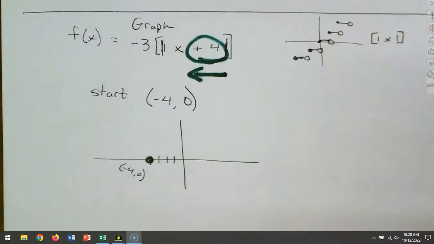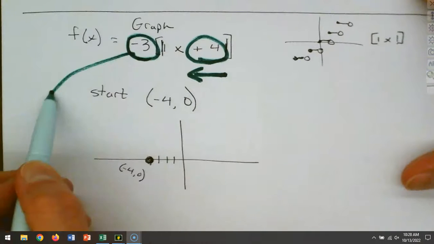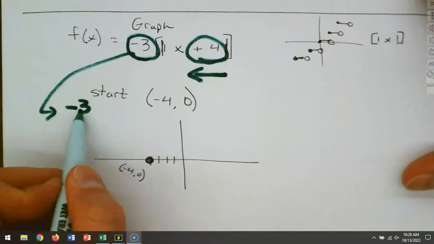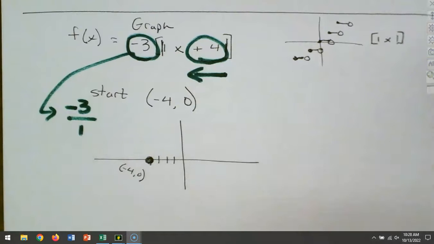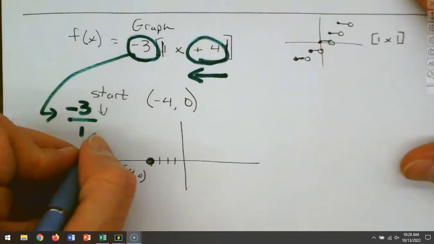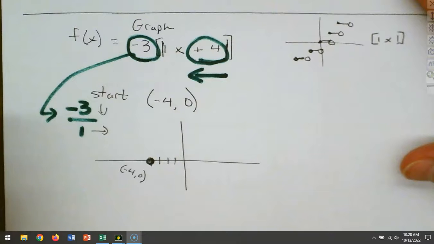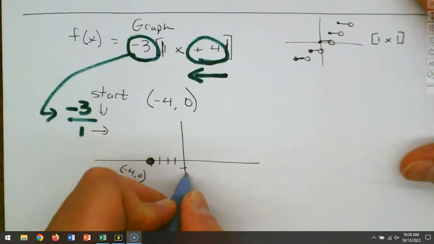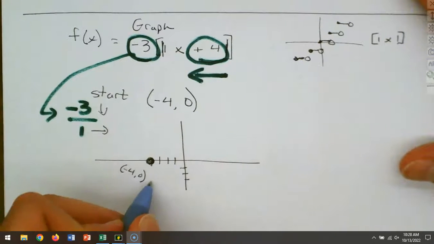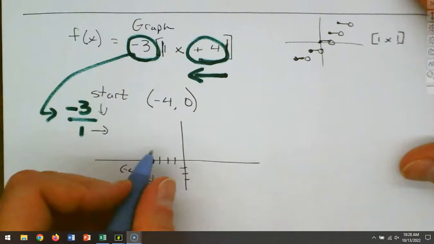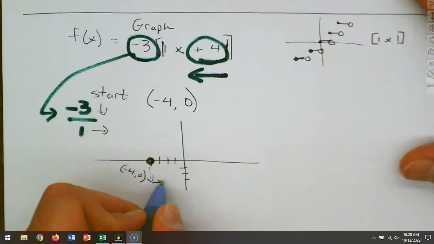What's in front of it? -3. So we need to write that then as a -3 over what? 1. So that should move down 3 units over 1. So down 1, 2, 3. Okay, move down 3, right? Over 1. And that's going to make my new dot right here.